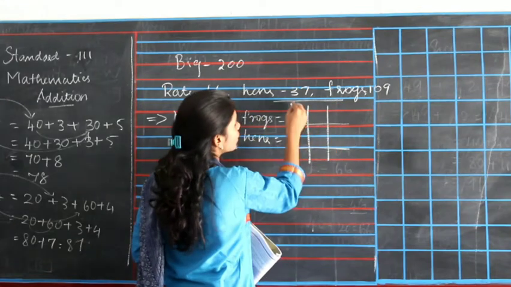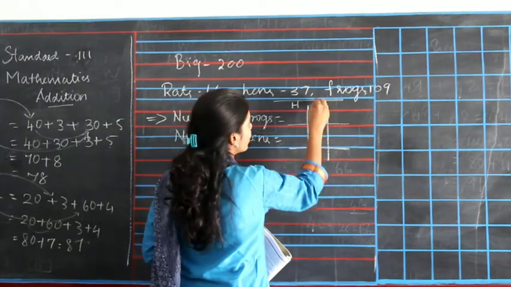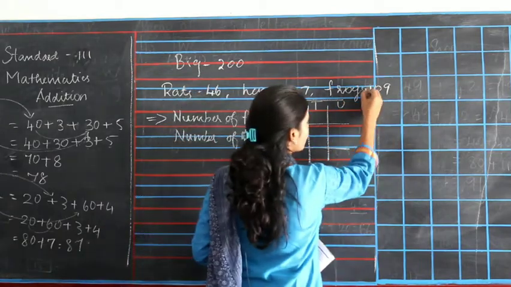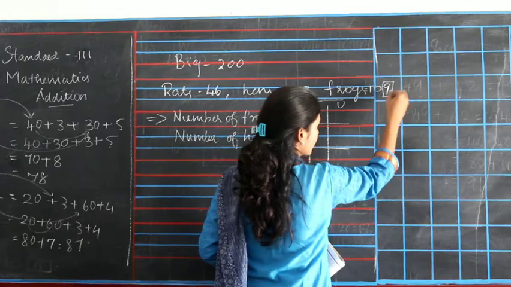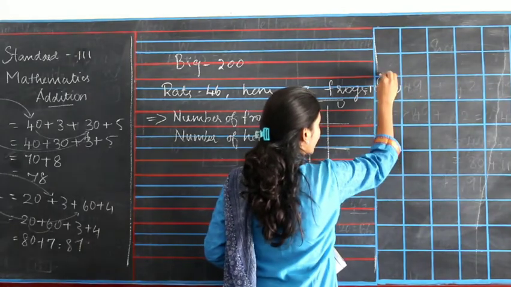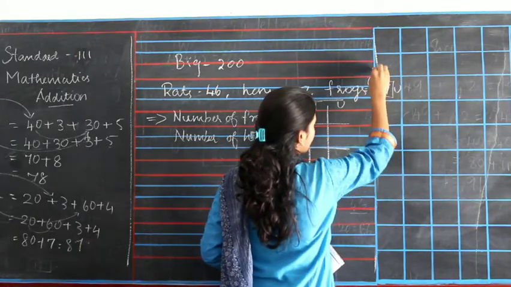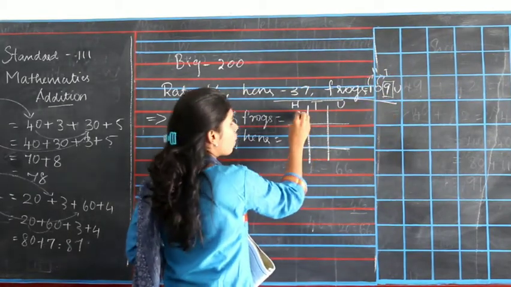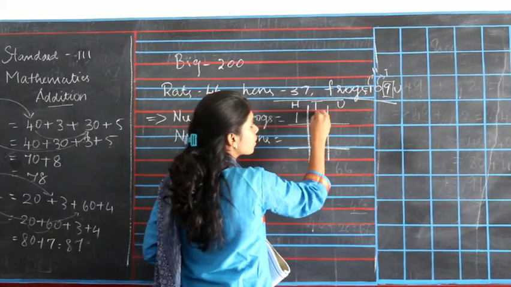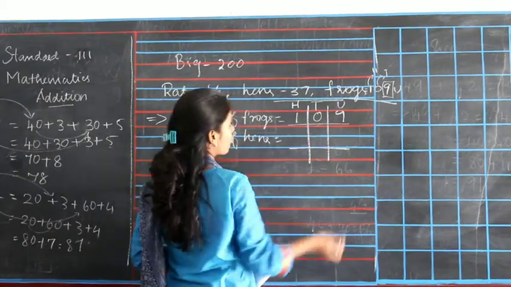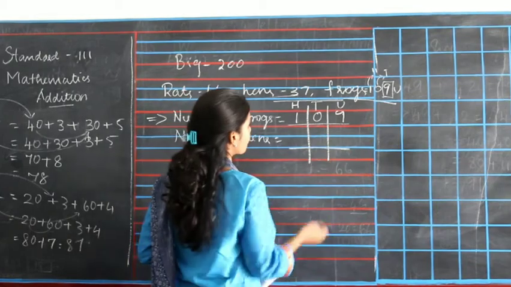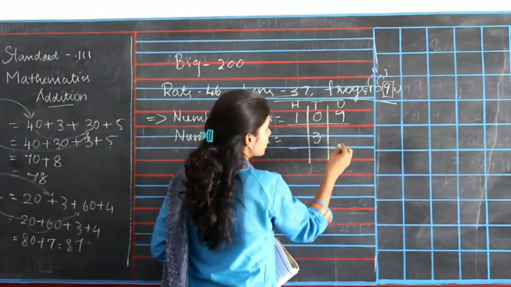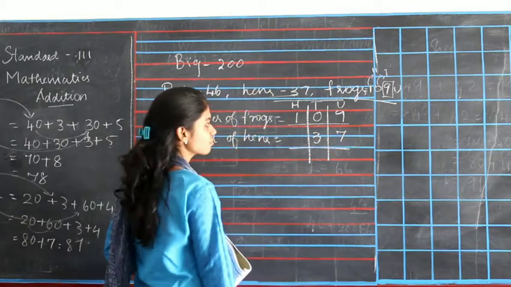So here it will be hundreds, here tens, and here units. You already know that the last one will be units, then before that tens, and then hundreds. So the number of frogs will be 109, and then the number of hens 37. 3 is the tens and 7 is the unit.